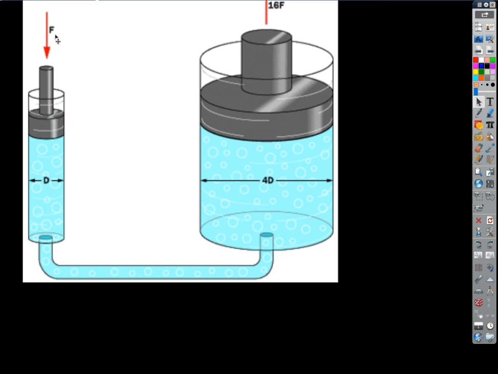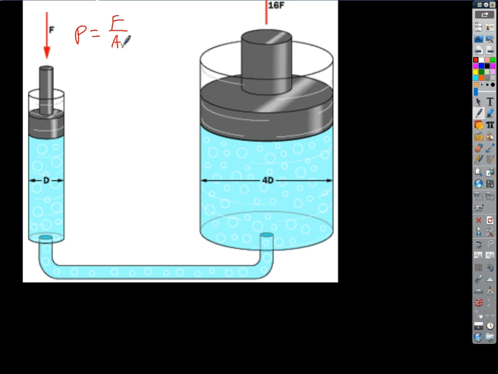If we push down with a relatively small force here, we're going to get high pressures because what's the relationship between pressure and force and area? Pressure is force divided by area, right? So the area of application is pretty small. So for a given force, because we've got a small area here, we get high pressures.